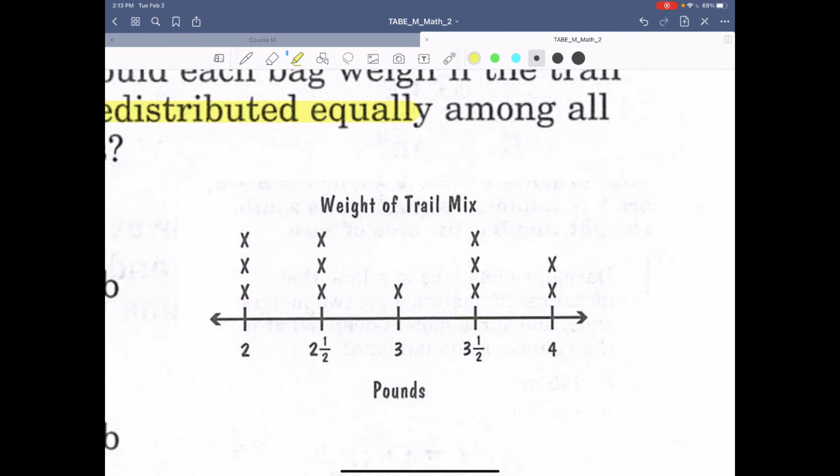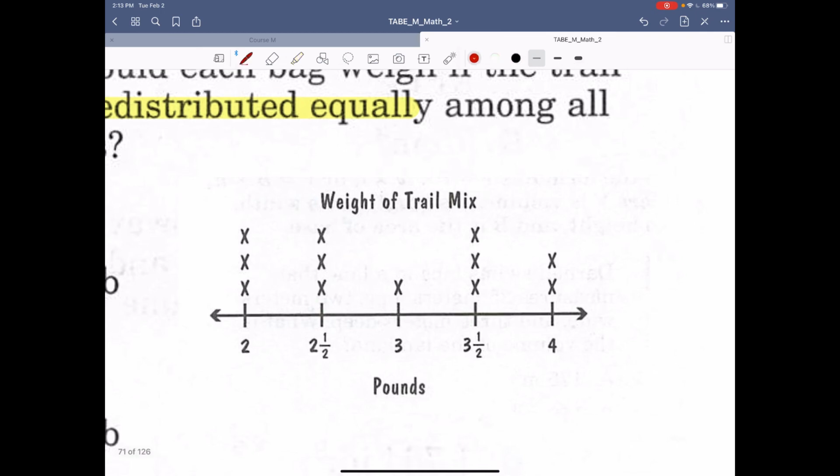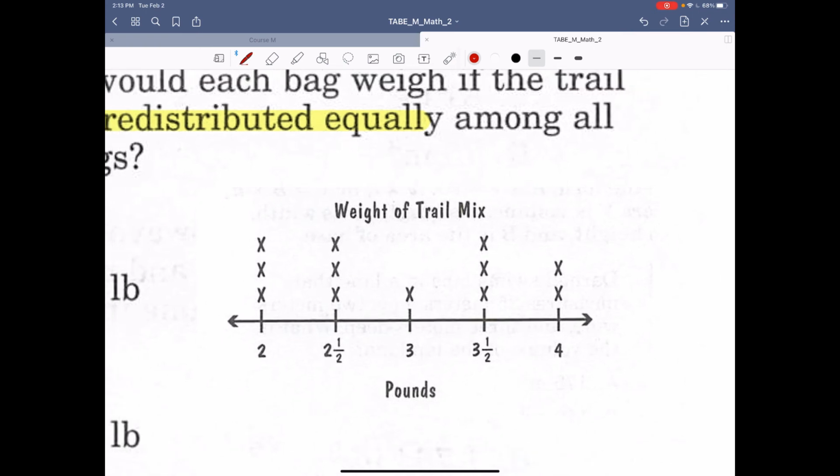So what I need to do, first of all, is calculate the total pounds. In this first one, we have 2 pounds in 3 bags, so that's 6 pounds. In this one, I have 2 1/2 pounds in 3 bags.